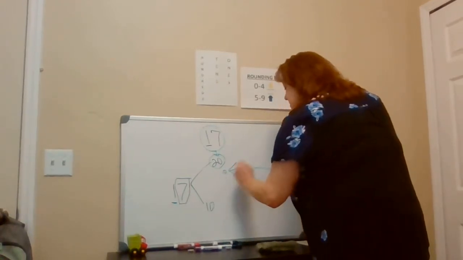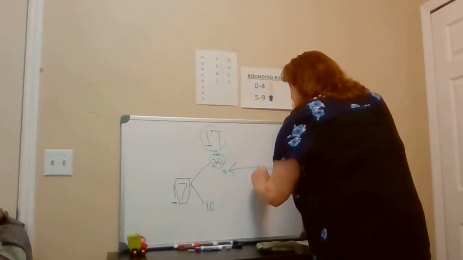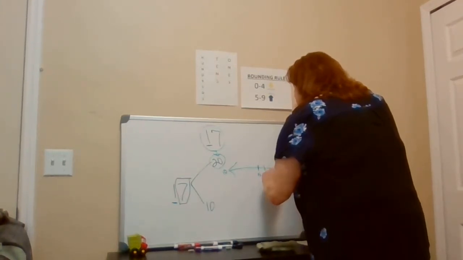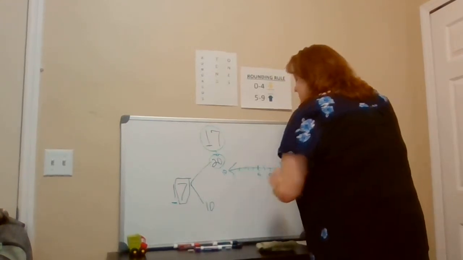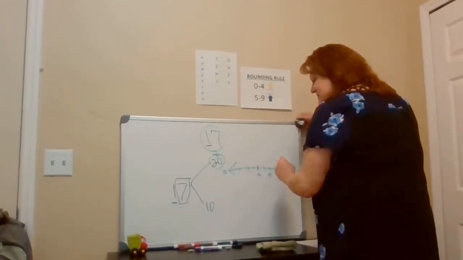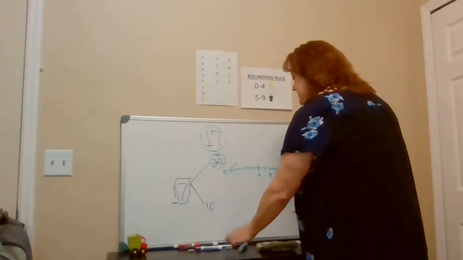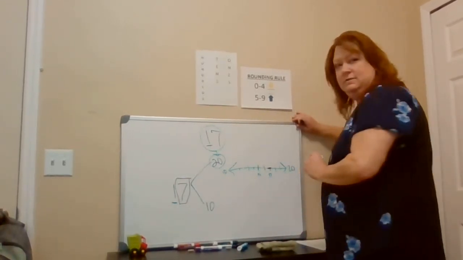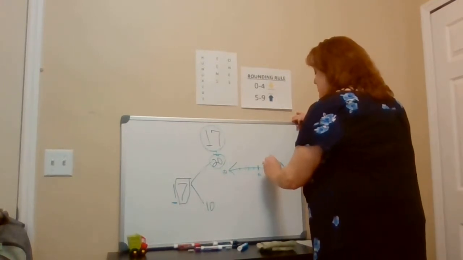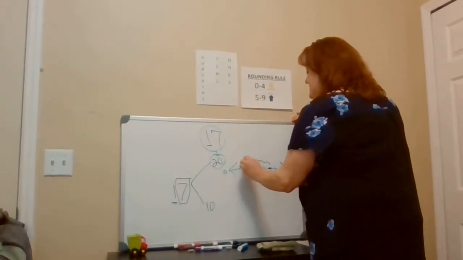20, 10, here would be 15, 16, 17, 18, 19. So here's our 17. Here's 14, 13, 12, 11. Okay? So here is our, let's change colors here. Here is our 17, right? Now if we wanted to go back, 1, 2, 3, 4, 5, 6, 7.